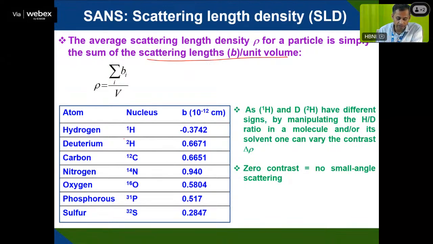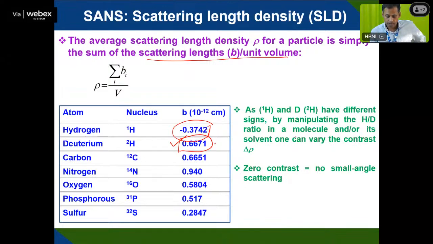If you see hydrogen, it is generally expressed in terms of b, 10 to the minus 12 centimeter, and it is negative, whereas in deuterium, with just one extra hydrogen atom, it shows 0.66. Because of this variation, negative to positive, mostly water and D2O are used as solvents for all these small angle neutron scattering studies.